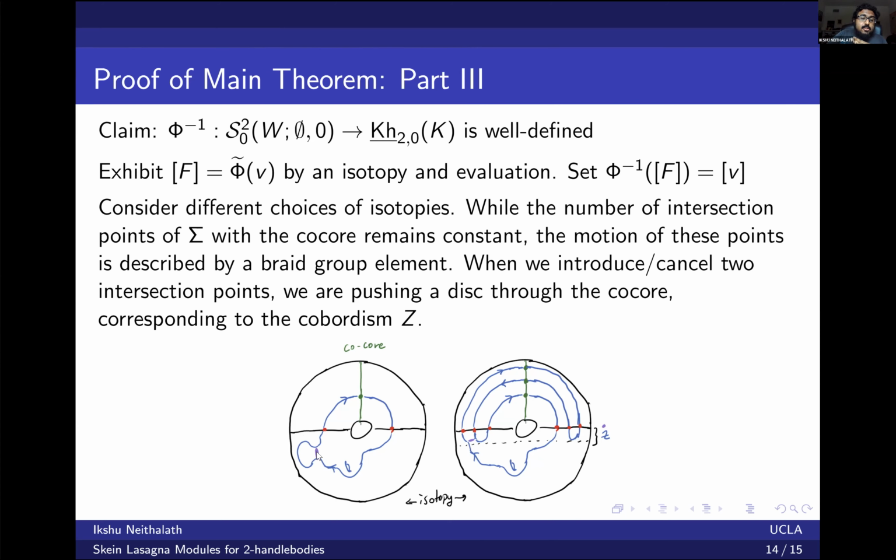And similarly, if you just ignored this purple thing and it was actually connected, the surface were a connected surface here, then what you'd get from doing it on the right would be the Z dot cobordism, which appears in this region between the dotted and boldface line, applied to whatever element you got from doing the evaluation using the left. Okay, so that's roughly how it goes. Maybe it's a little bit difficult to see just in a quick talk like this, but hopefully it gives you some flavor of the argument.